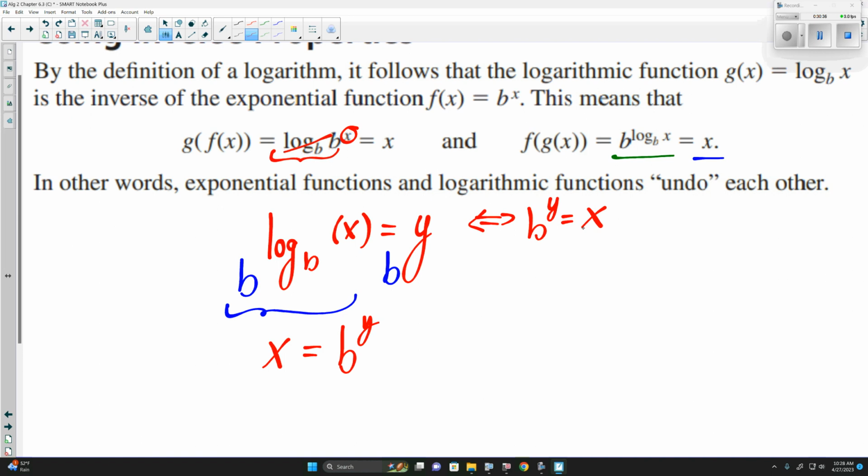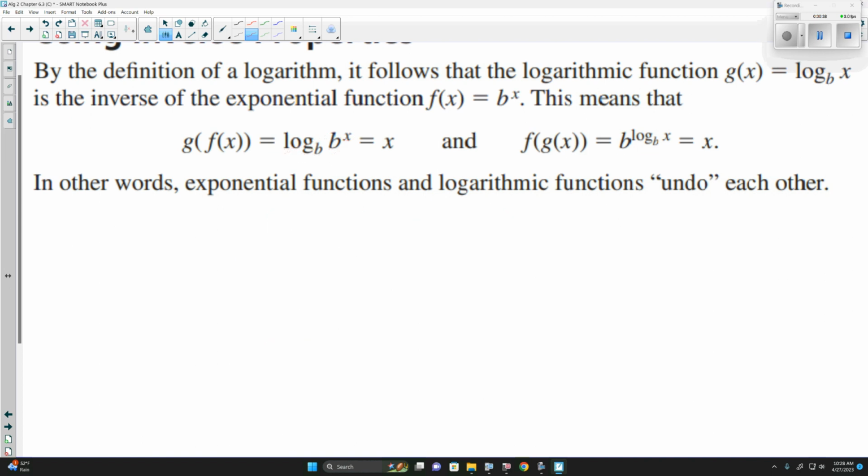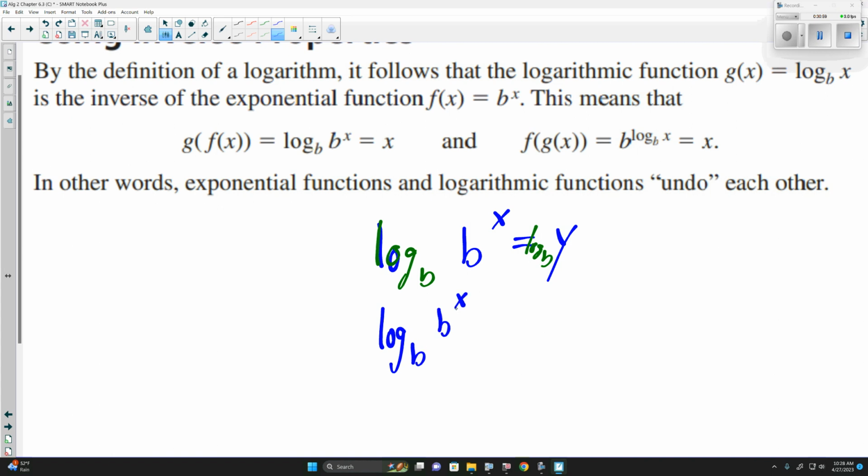We can go the other way too. Because if I start out saying that b to the x is equal to y, well, I can apply log base b to both sides. I'll write it back out, telling us log base b of b to the x is equal to log base b of y.